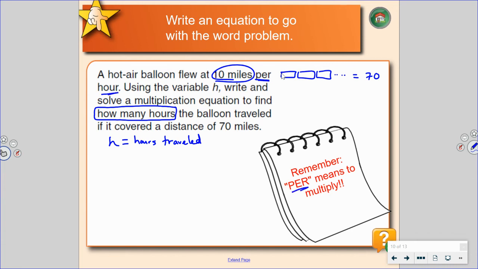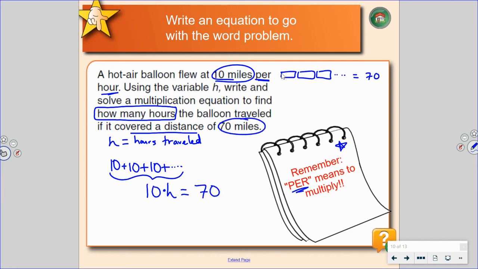Now listen, remember that per basically means multiply. Otherwise, what you have here is 10 plus another 10 plus another 10 plus, well, we don't know how many tens. So we can say 10 times h hours. You may use the dot, you may choose not to. In the end, it covered a distance of 70 miles.